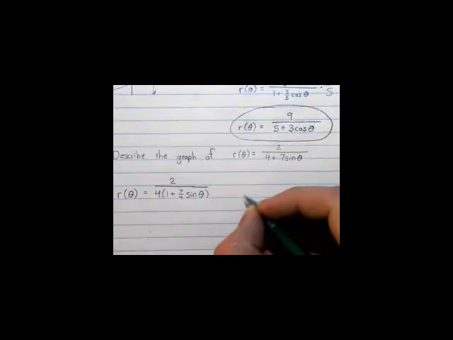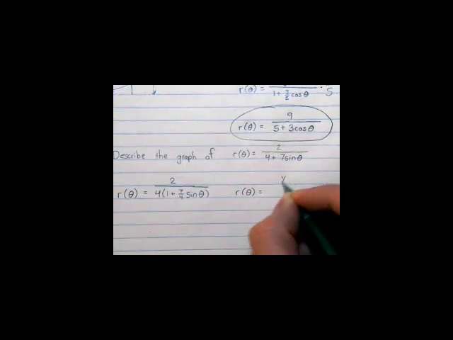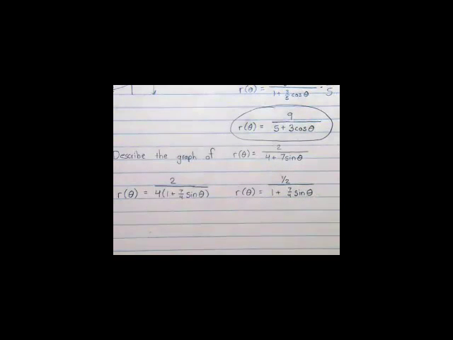Or think of just taking this 4 and bringing it up with the 2 as a denominator. That's kind of how I do it in my head. But the quarter over a quarter thing is totally valid. That works. Either way, you're going to end up with 1/2 on the top over 1 plus 7 fourths sine theta.